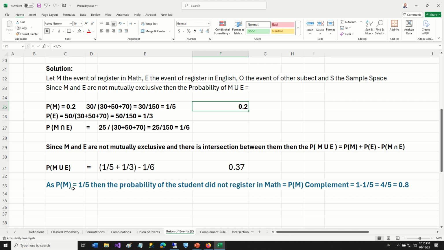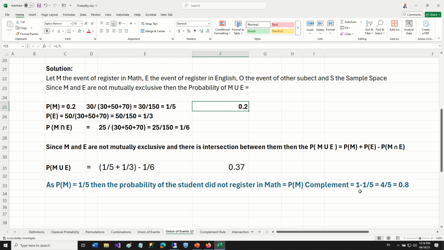So now the probability of M, the students who registered in math, is 1 divided by 5. So that means that the probability of the students who did not register in math will be the complement of this event, which is 1 minus 1/5 equals 4 divided by 5 equals 80%.